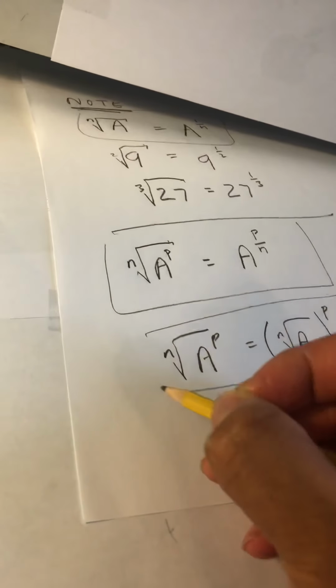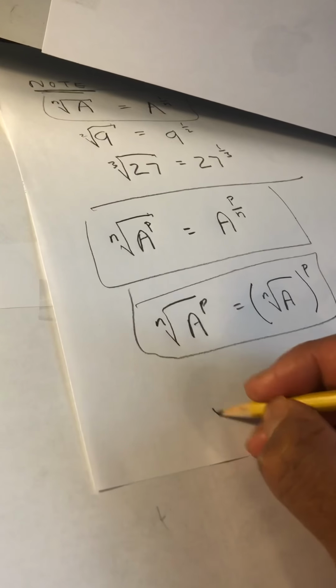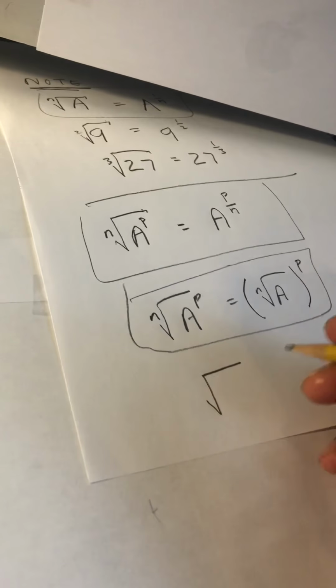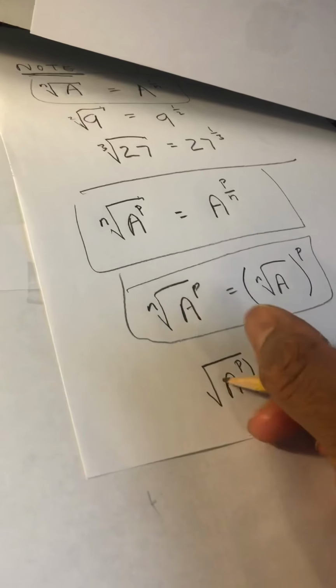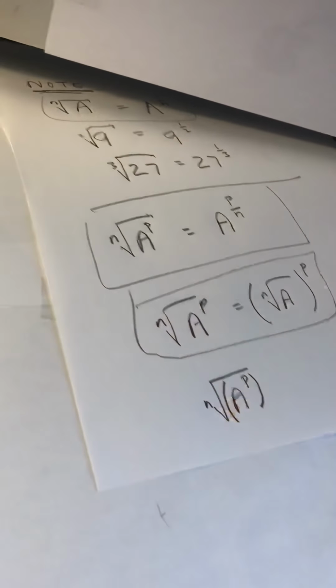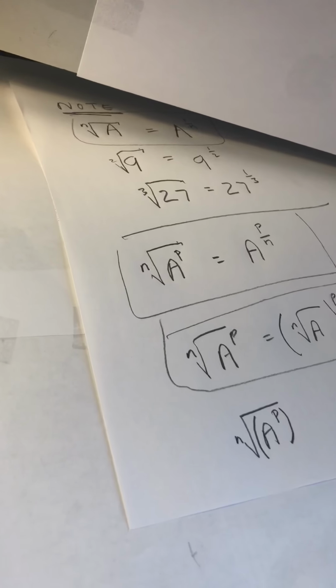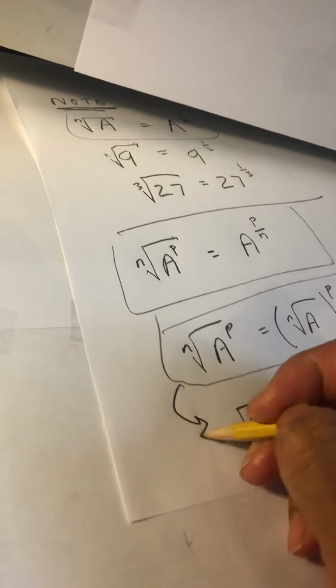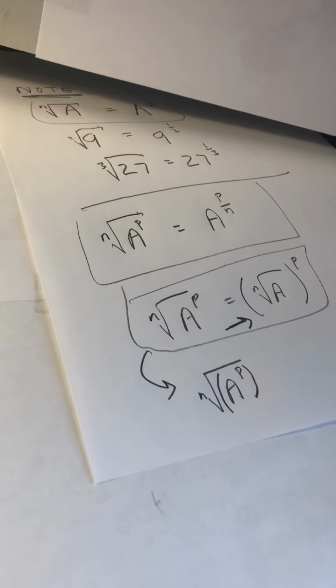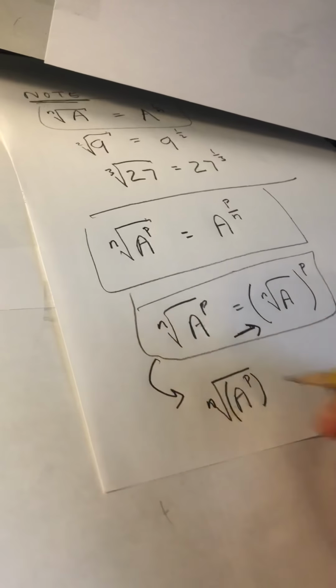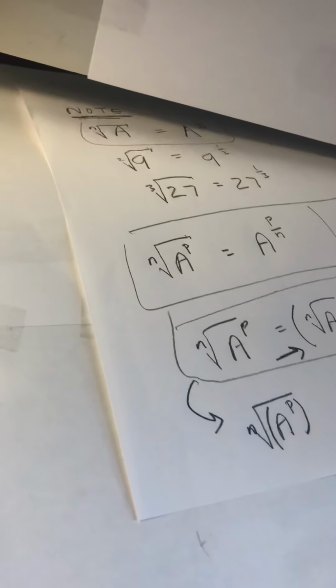Or you can also look at that as a to the p done first and then taking the nth root. Okay, so all these are the same. Whichever way you want to go, in that direction or this direction, it's the same thing.